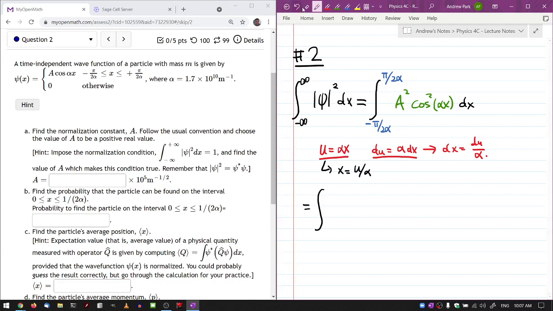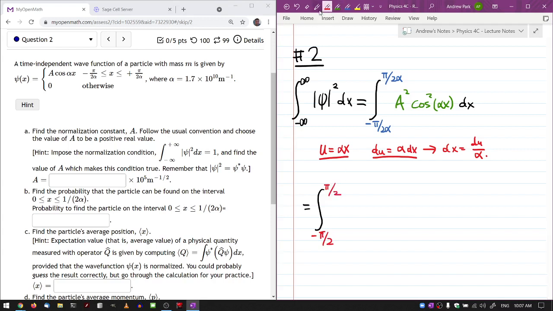To get the limit in terms of u, I plug in minus pi over 2 alpha into the x here. Then the resulting value gets me the lower limit in terms of u. So that's going to be minus pi over 2 alpha times alpha. Alpha cancels out, so I'll get minus pi over 2. And for the upper limit, it'll become pi over 2.